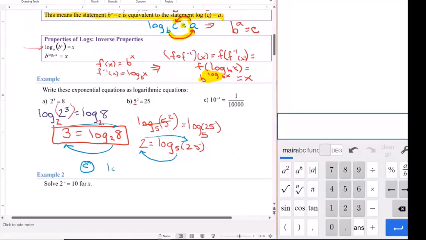I'm going to take the log base 10 of both sides, because I know that if I take the log of a base to the same argument, they cancel. So I'm going to do that to both sides.